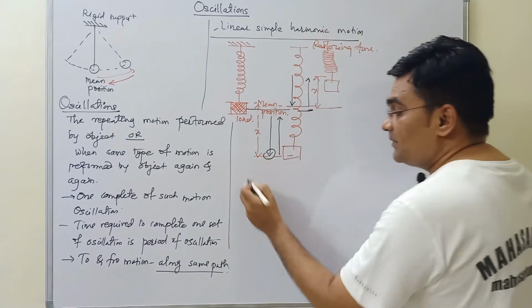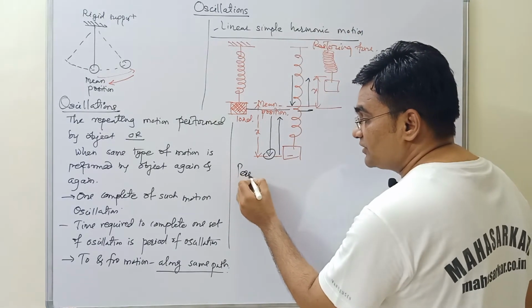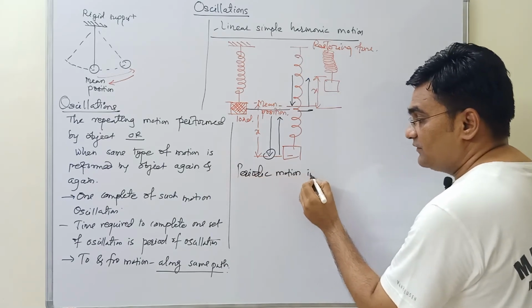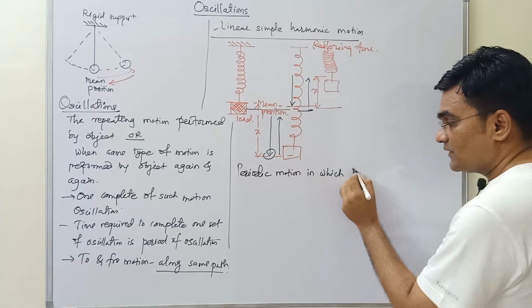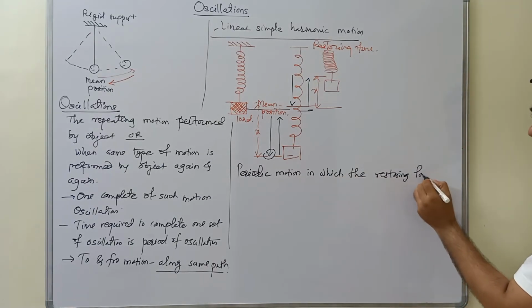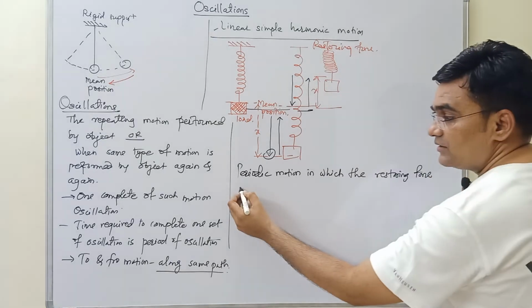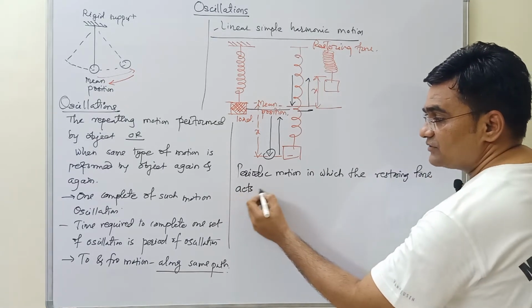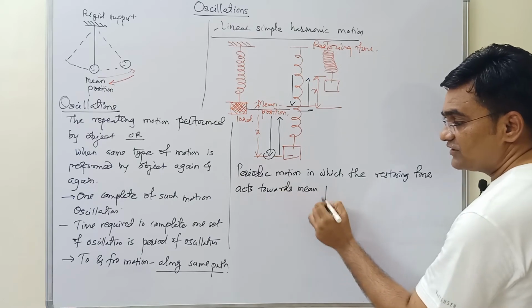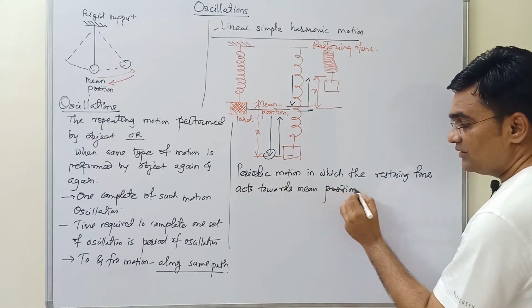Remember, it is compulsory that it is a periodic motion, in which the restoring force acts towards the mean position. The restoring force always acts towards what? The mean position.